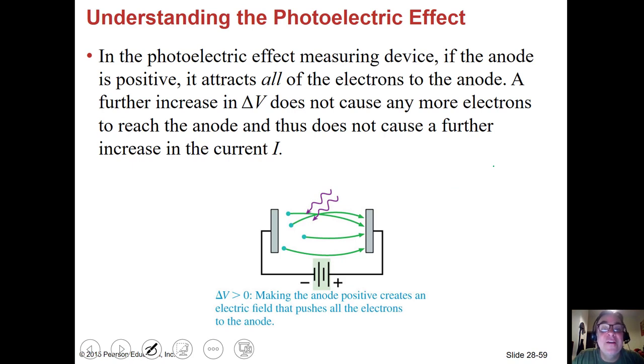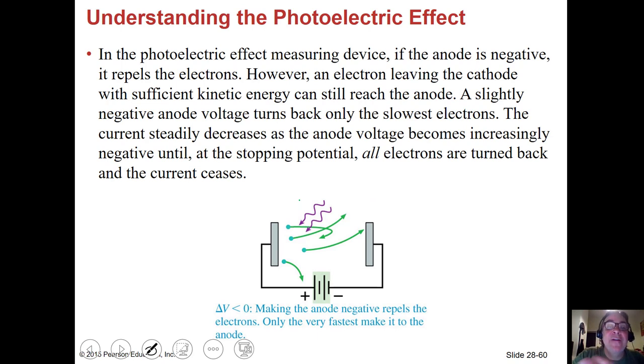So in the photoelectric effect device also, if the anode is positive, it attracts all the electrons to the anode. Further increasing this voltage doesn't cause any more electrons to reach the anode. And that's the point where you don't get any further current. So set up a nice positive, negative. These are freed electrons. They're going to come across there. Okay, very good.